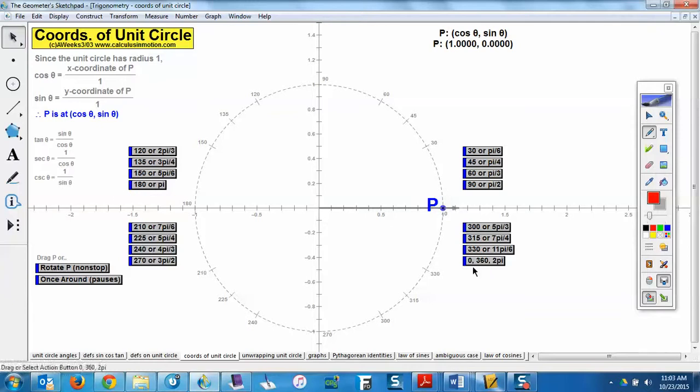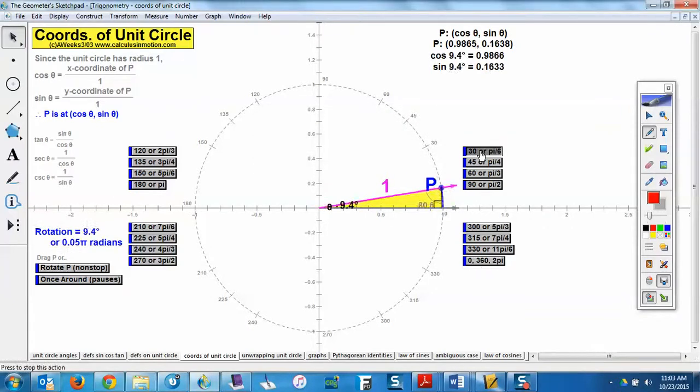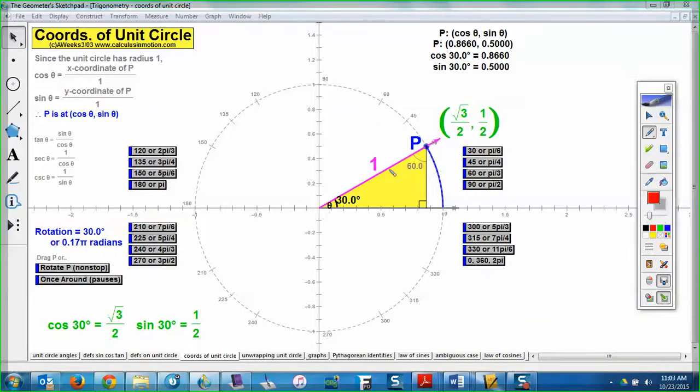Okay, so let's go to pi 6. Okay, so those values right there. Now, again, just some quick things to remember. SOHCAHTOA, right? What's that mean in SOHCAHTOA? Okay, opposite over hypotenuse.